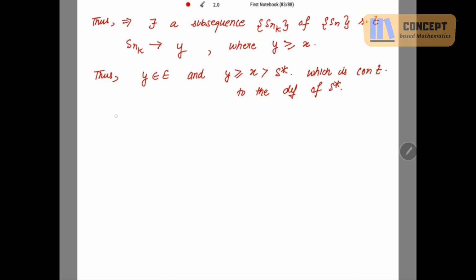So our supposition was wrong. It cannot be the upper bound now.